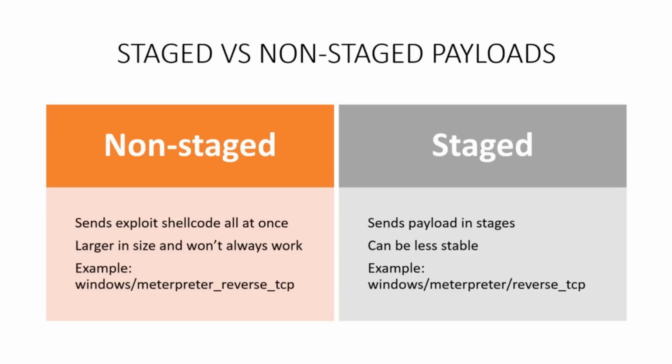So maybe I send a bind shell instead of a reverse shell here, and I'll send a bind shell staged and then non-staged. And we just keep trying until we find a payload that works. Not every payload is the right payload, and we have to find the one that works for us. So the takeaways: remember the slash, remember the slight differences between non-staged and staged, and remember, if your payload fails but you think it's the right exploit, maybe change your payload. So we'll see that here very shortly as we start to get into exploitation in the next few videos.